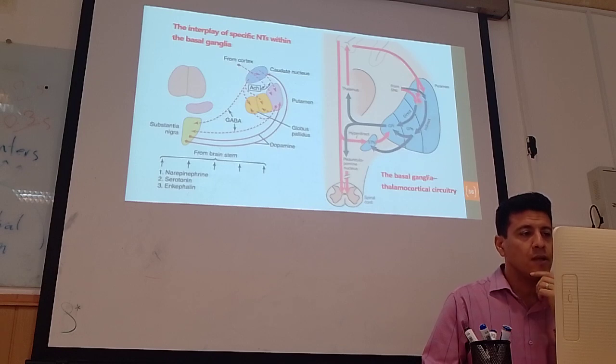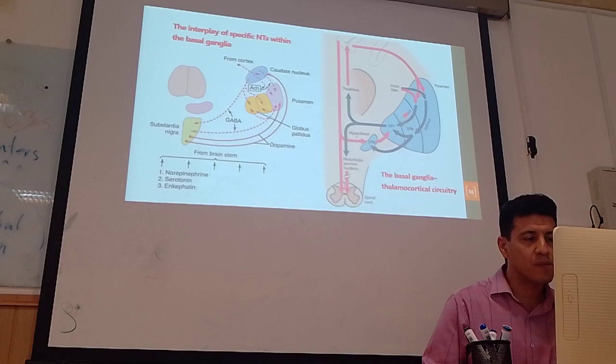Some of the neurons activate putamen neurons, which inactivate globus pallidus internal. Neurons from the putamen may bypass the globus pallidus external. There is no synapse here. They go directly to the globus pallidus internal. Globus pallidus internal is the output of the basal ganglia.